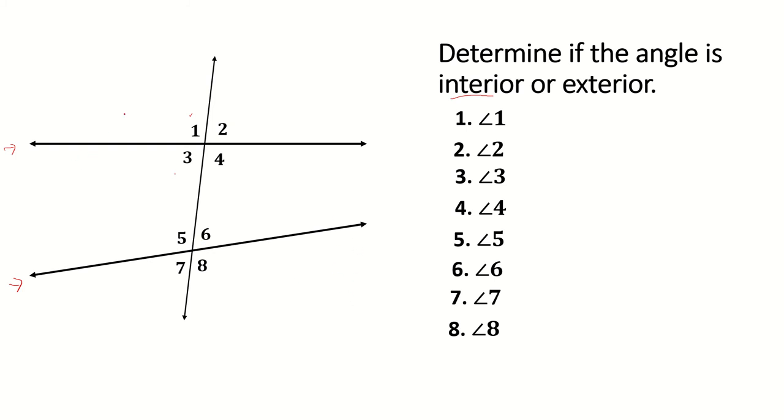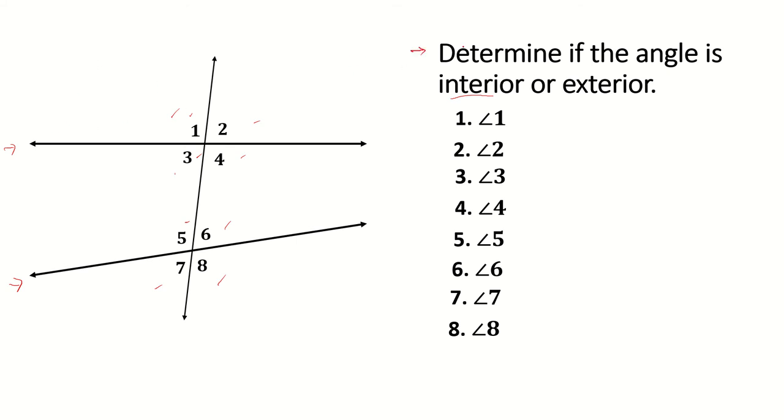An angle that you see in those regions, let's say 3, 4, 5, and 6, belong inside, so they're interior angles. And 1, 2, 7, and 8 are exterior angles because you see them in the exterior region.